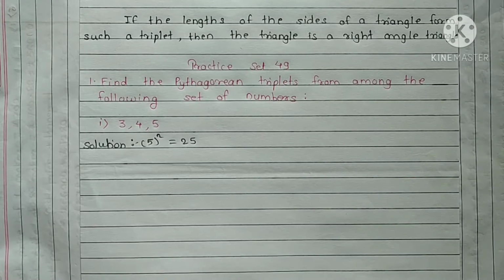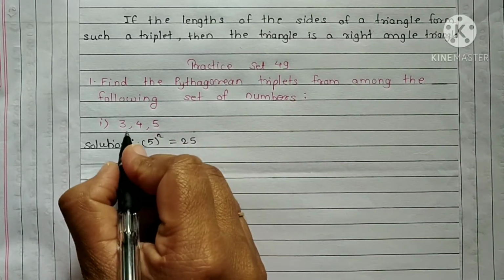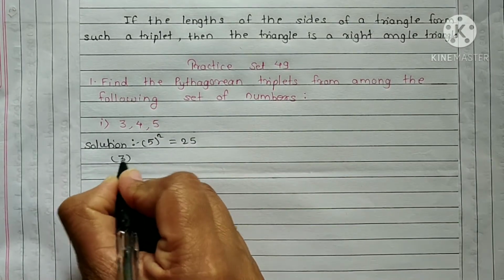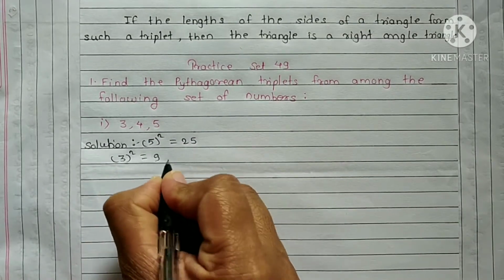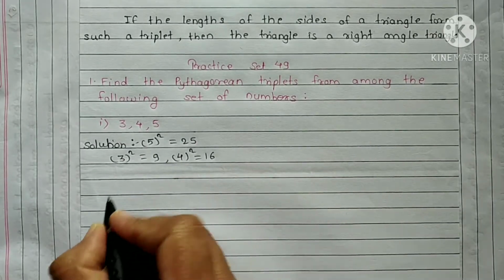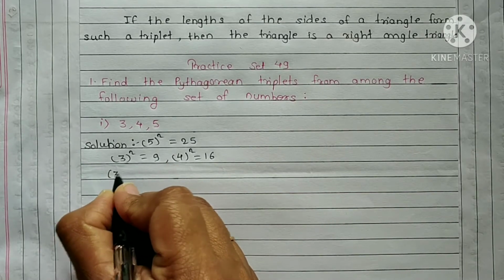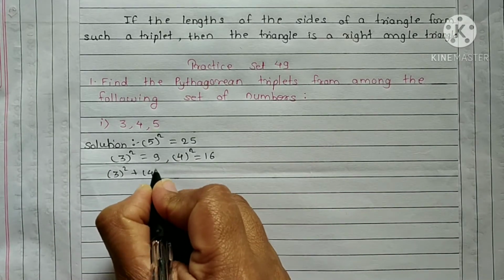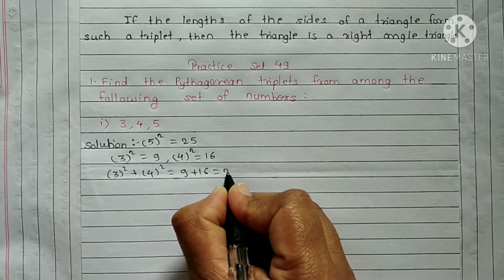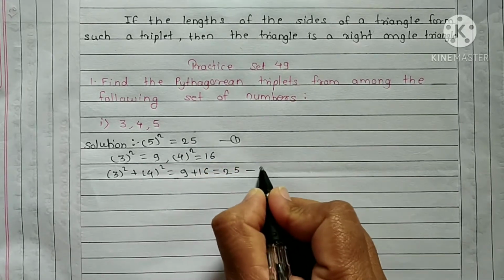Now we have to find the sum of squares of the remaining two numbers. 3 square is 9 and 4 square is 16. Now add these: 3 square plus 4 square equals 9 plus 16, which is equal to 25. See here, this is first and second.